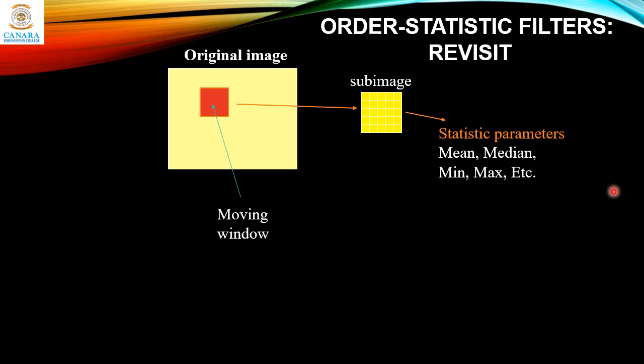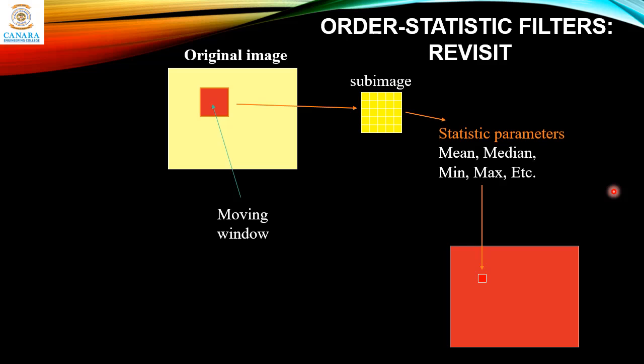Then we take the statistic parameters like mean, median, min, max, etc., and replace the center pixel in the output image with the mean, median, minimum, or maximum value. This is how order statistic filtering works.